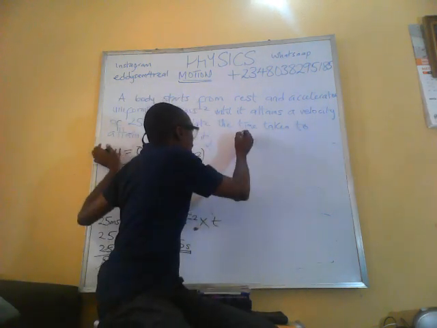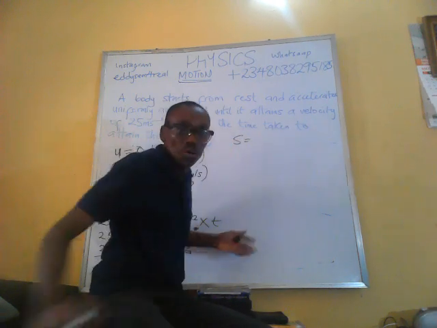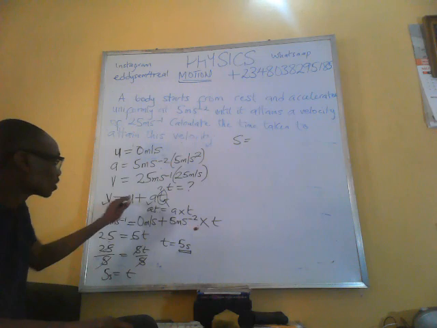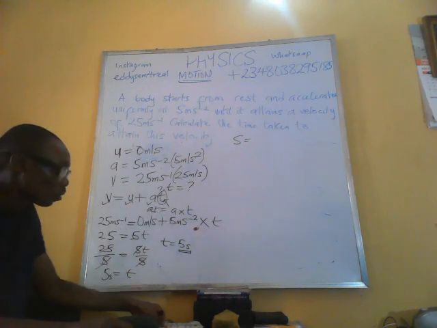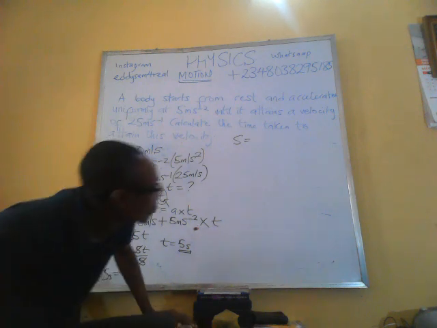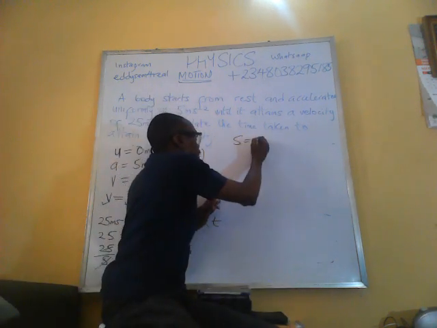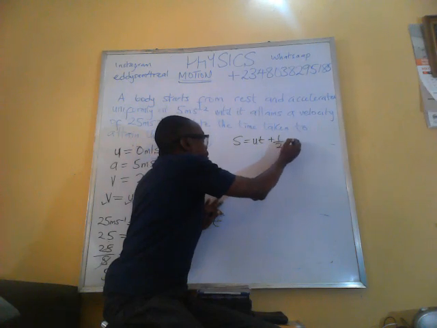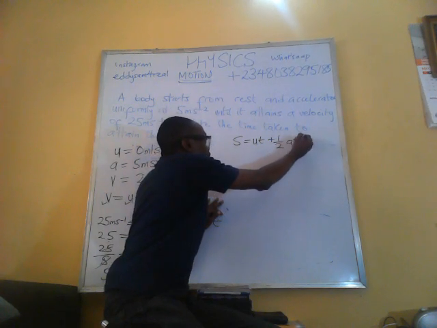Distance covered, s. We can't use this equation anymore because it doesn't have distance. So let's bring in equation 2, which is ut plus half at squared.